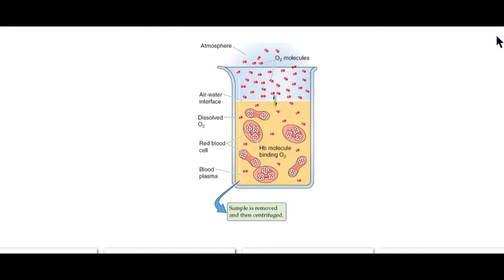Basically what you do is, after you incubate it for a while at various partial pressures, you assess by centrifuging this down. You'll look at the oxygen content that's dissolved and the oxygen content that's in the red blood cells, taking into account the small portion that is probably dissolved in the cellular water inside of those red blood cells.